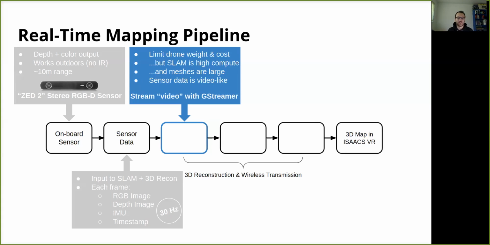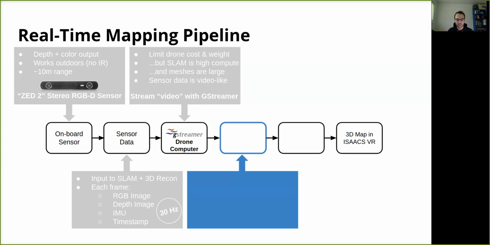And we're going to stream videos from the drone to a more powerful computer that can run our SLAM algorithms and 3D reconstruction algorithms. We're going to go with GStreamer, which is a popular multimedia framework, and it's open source, that can transmit our videos efficiently and in sync.